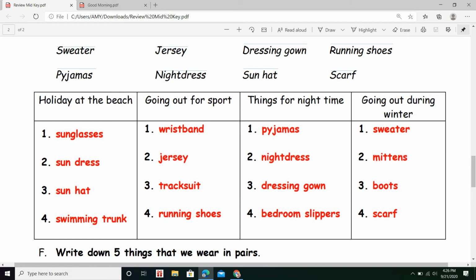And then for things for nighttime, we have pajamas, night dress, dressing gown and bedroom slippers. For going out during winter, we also have 4 things that we need to prepare. We have sweater, mittens, boots, and scarf.